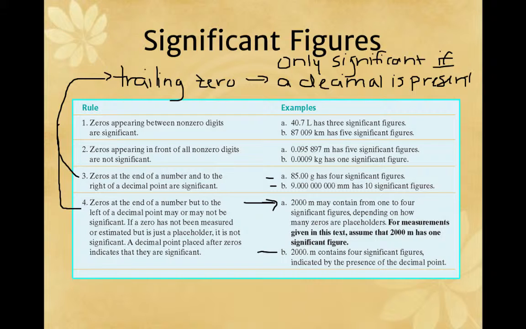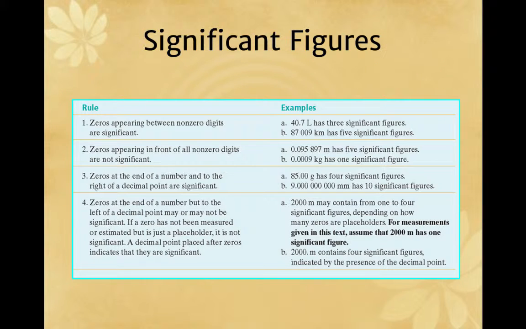So it might only measure from 0 meters to 10,000 meters or something, and so they had to estimate, oh, it looks like about 2,000 meters. Whereas B has a lot smaller increments. So for B, there are 4 significant figures because that decimal point is there. So you really have to be careful with your zeros.